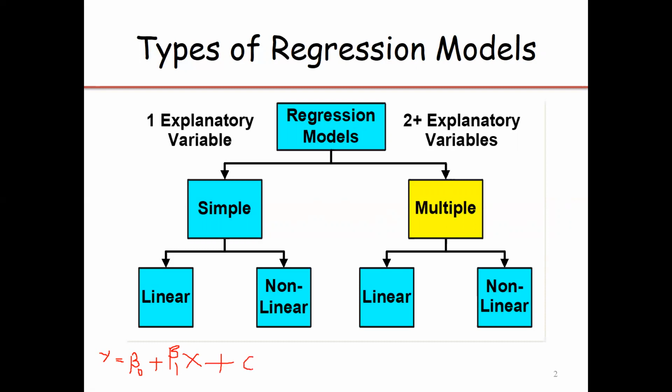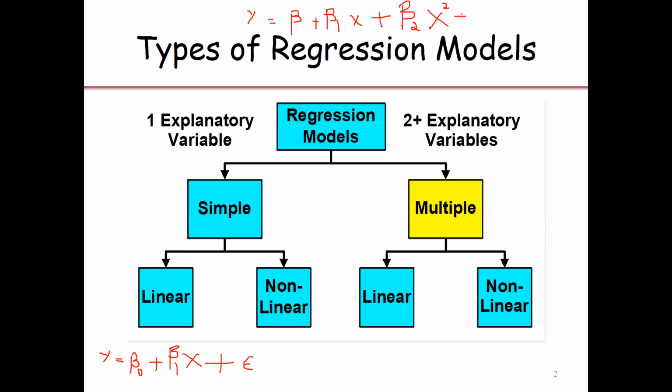The simplest non-linear form is a quadratic model like this: Y = b naught + b1x + b2x square + error.